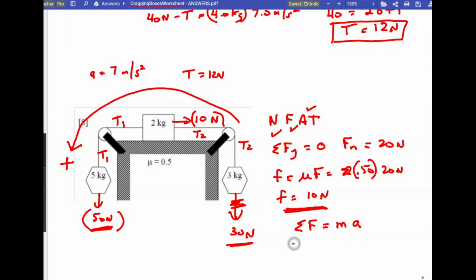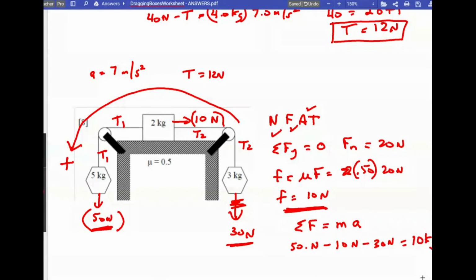So there's a positive force of 50 newtons, and there are two negative forces: the friction 10 and the hanging weight 30 newtons. Now what are they accelerating? All 3 objects will move. 3 plus 2 plus 5, 10 kg.